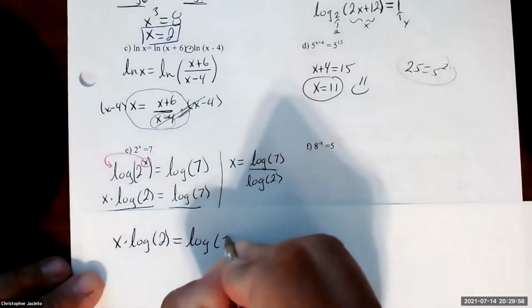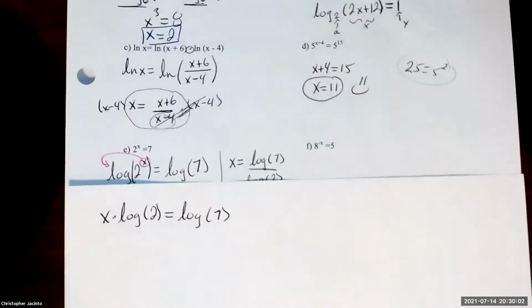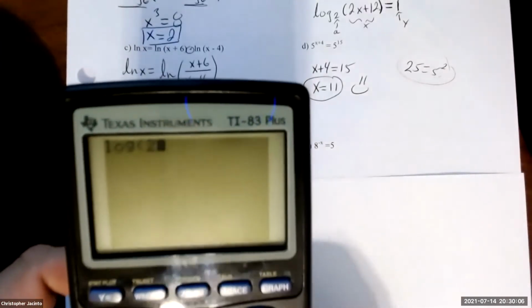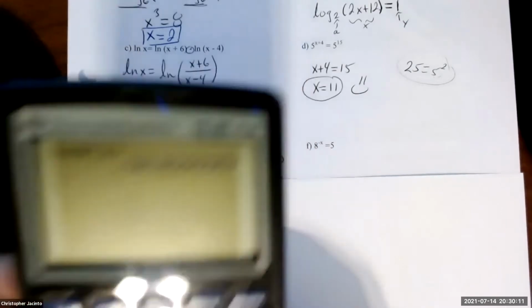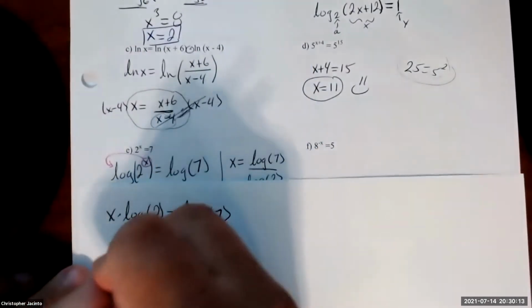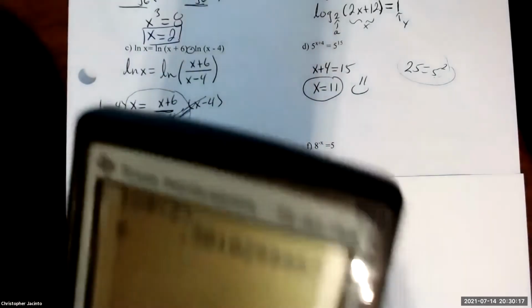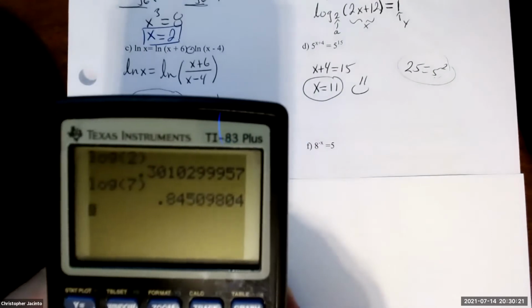So you can show you're doing the exact same thing. The log of a number is just a number. If I do log of 2, it gives me that number there. So I'll just say 0.3. So on this side, I'm going to have 0.3x, and I do the same thing on the other side. Log of 7, let's say it's 0.8.